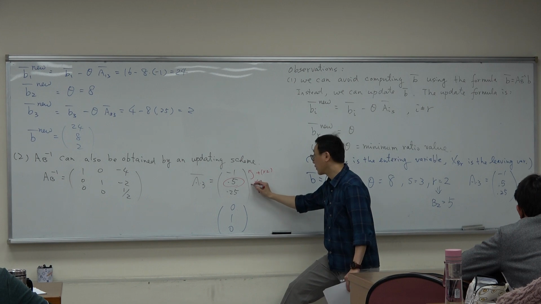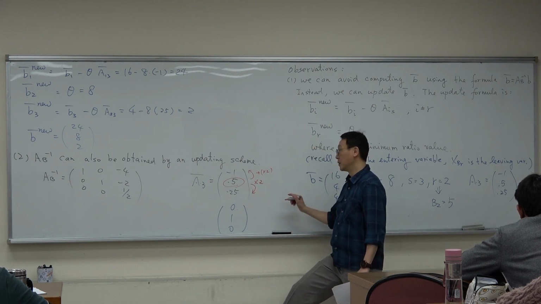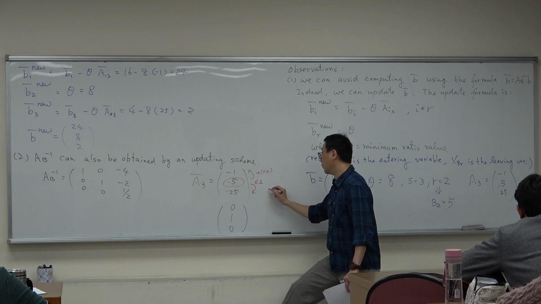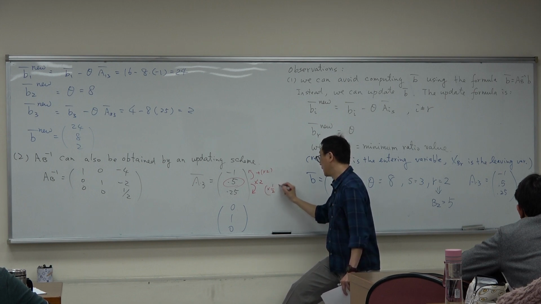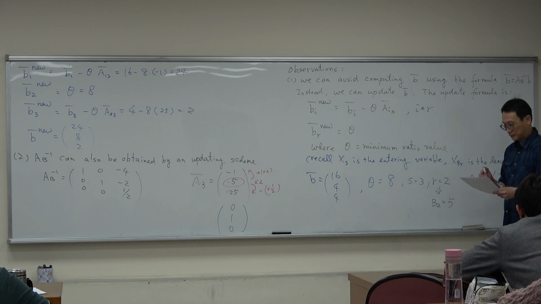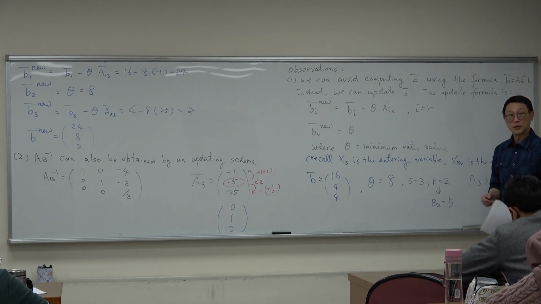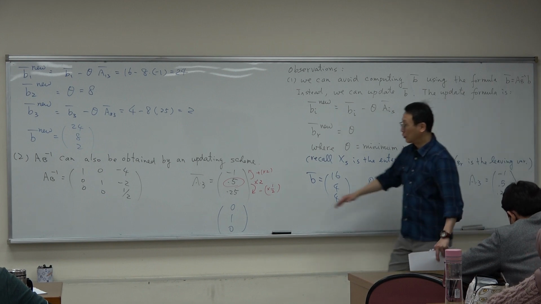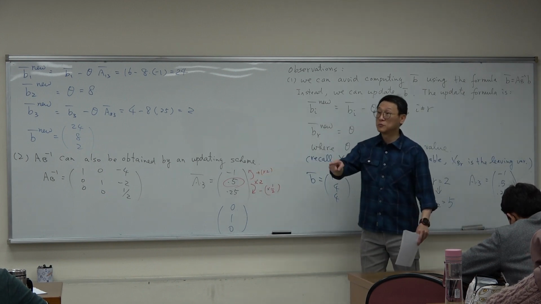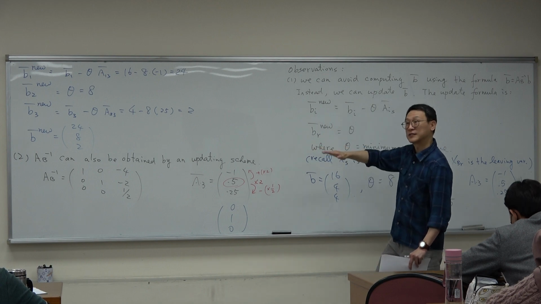And how can I do it for the second and the third row? Okay. So remember that in Gaussian elimination the calculation is actually on the entire row.